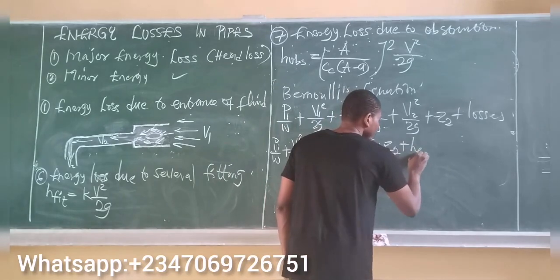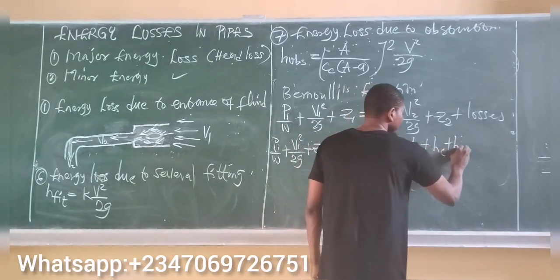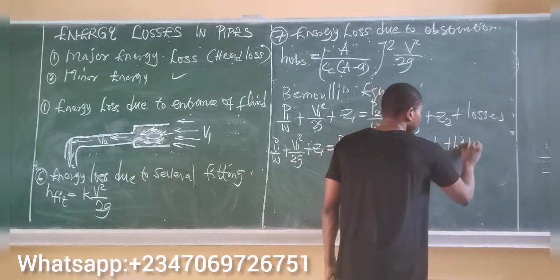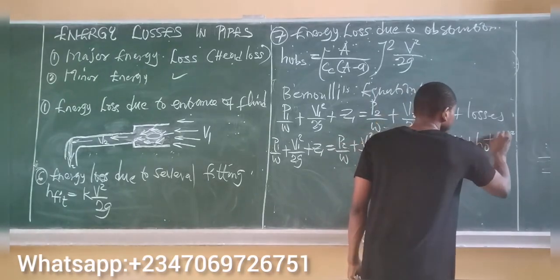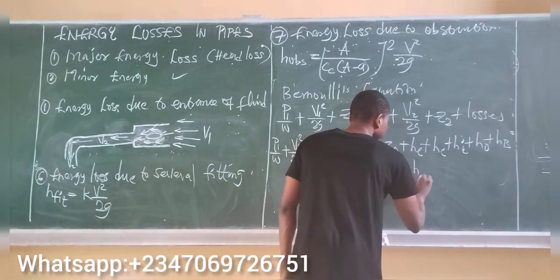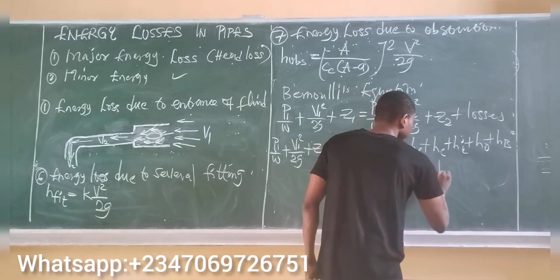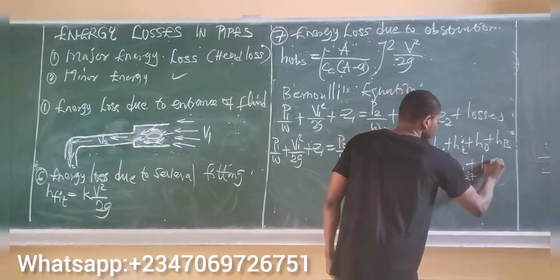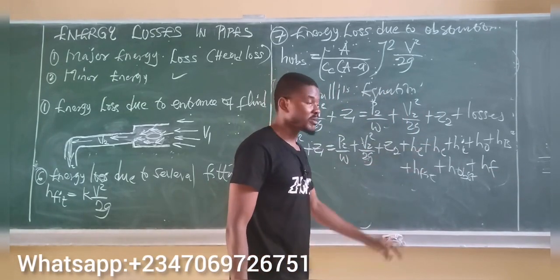Head loss due to enlargement, head loss due to contraction, head loss due to inlet or entrance, plus head loss due to exit or outlet, plus head loss due to bend if there's a bend in the pipe, plus head loss due to fitting if there's a fitting in the pipe, plus head loss due to obstruction, and plus head loss due to friction. So in all, this becomes the Bernoulli's equation.